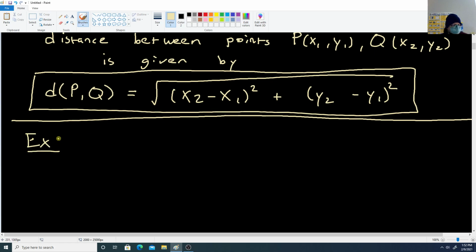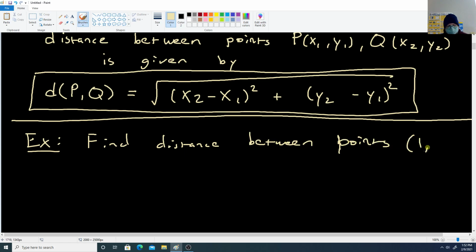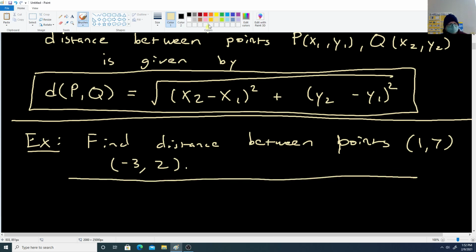So for this example, I want to find the distance between the points (1, 7) and (-3, 2). So that's what I want to do. We're going to use our distance formula.